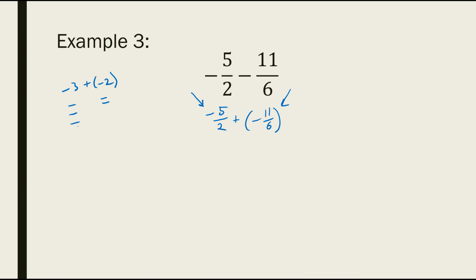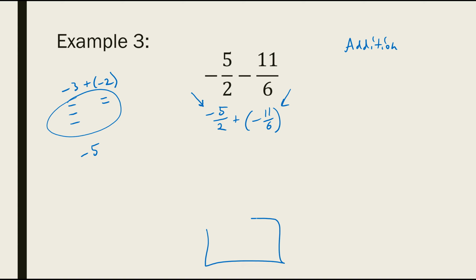There are 5 negatives total, so my answer would be negative 5. In other words, my piles are combining instead of canceling, so I'm going to choose addition. But since my piles are all negative, shouldn't my final answer be negative? So I'm going to add these guys together, but keep the negative.